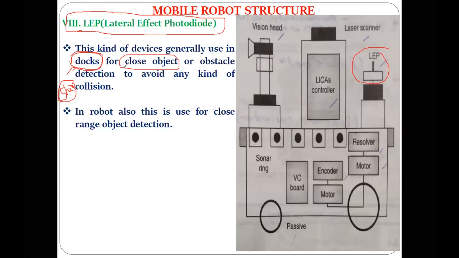For the detection of that kind of object, these lateral effect photodiode devices are utilized. Here I have mentioned that this kind of device is generally utilized in the docks for close object or obstacle detection to avoid any kind of collision.